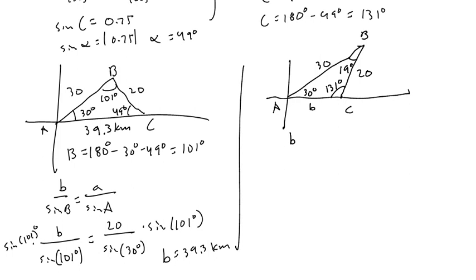And this time we're going to have B over sine 19 degrees equals 20 over the sine of 30 degrees. Multiply both sides by sine 19 degrees.